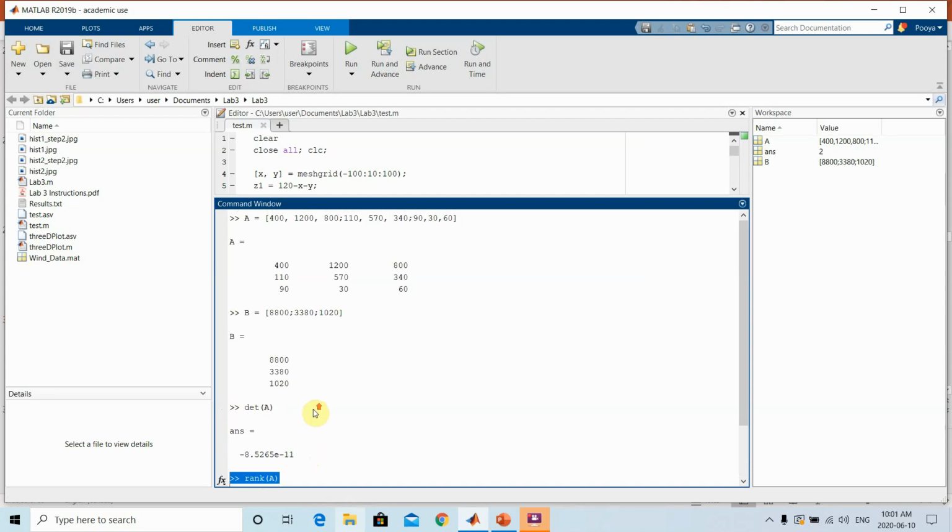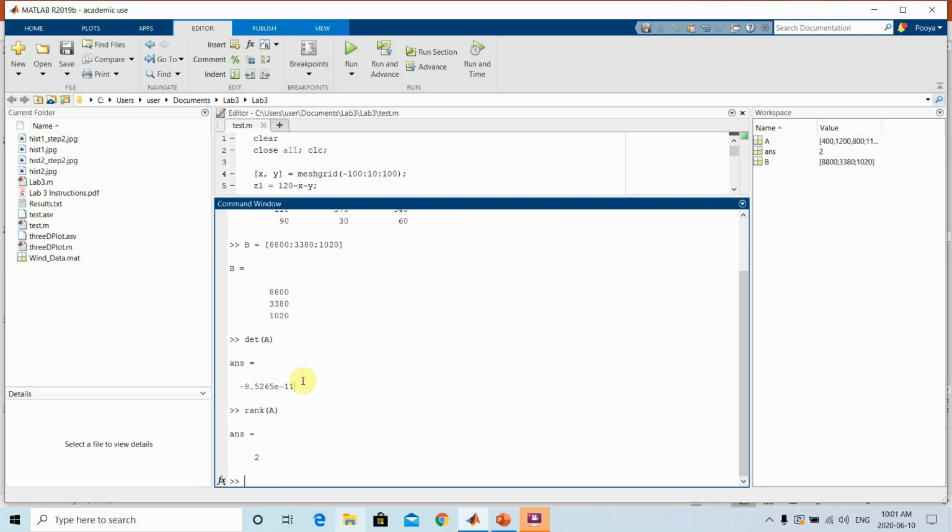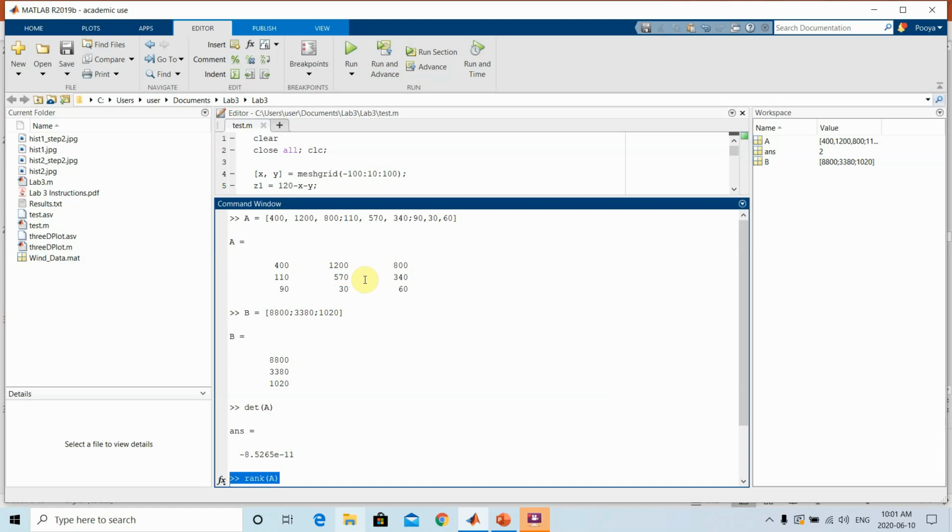So this matrix is not full rank, right? So this number is actually 0. MATLAB is just showing it very precisely, it's not showing it as 0. But it is 0, so you have to be very cautious when you use any software package. If you find the rank of A, this shows that the matrix is singular. So if it's singular, its determinant has to be equal to 0.